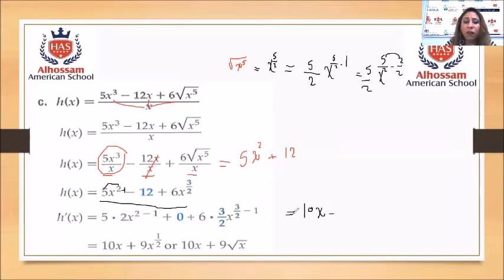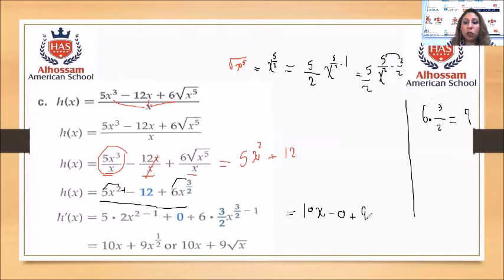And then here I have 12, which has no x term. It's just a constant, so the derivative is 0. So here it will be minus 0. Okay, and then here I multiply 3 over 2 times 6. If I have 6 times 3 over 2, I can simplify: 6 divided by 2 is 3, so 3 times 3 is 9. So here it will be 9.